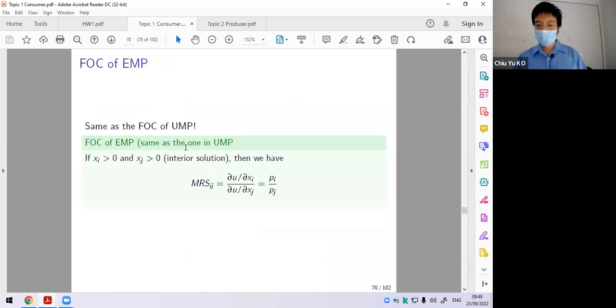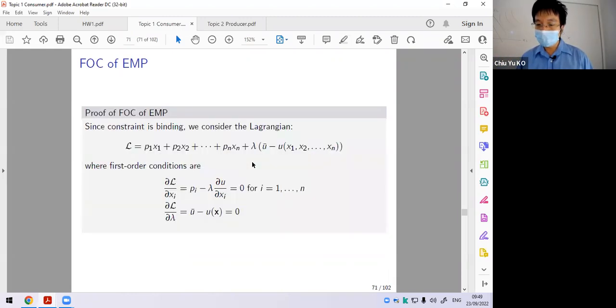And as I said before, the optimality condition you get is that the internal exchange rate is the same as the outside exchange rate. This is the same as when you have the utility maximization problem, and this is the same as the budget line holding. So that's nothing new. It just depends on what your fixed utility level is.